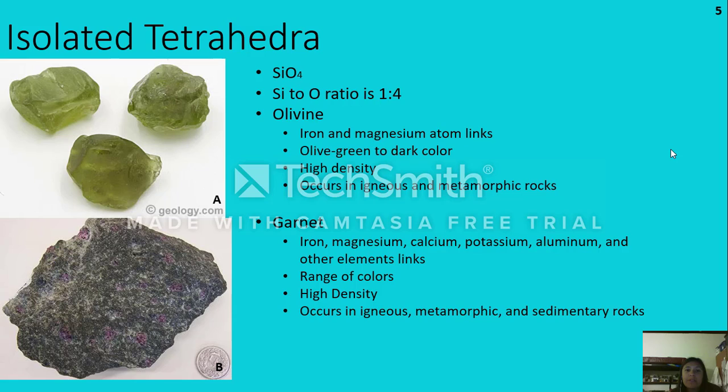The garnet group is like the olivine group in structure but not in composition. Single tetrahedra are connected by atoms of iron and magnesium, but can also include calcium, potassium, aluminum, and other elements. The range of colors includes red, purple, and black.